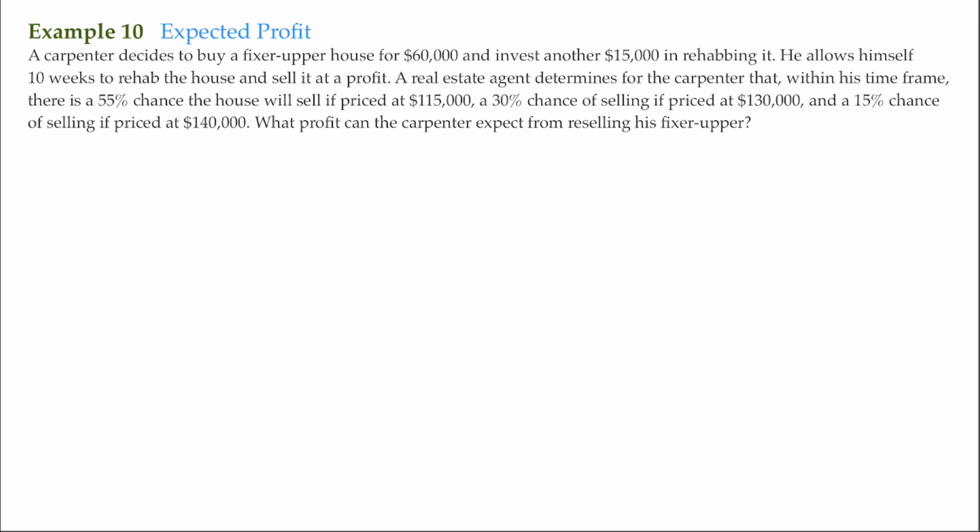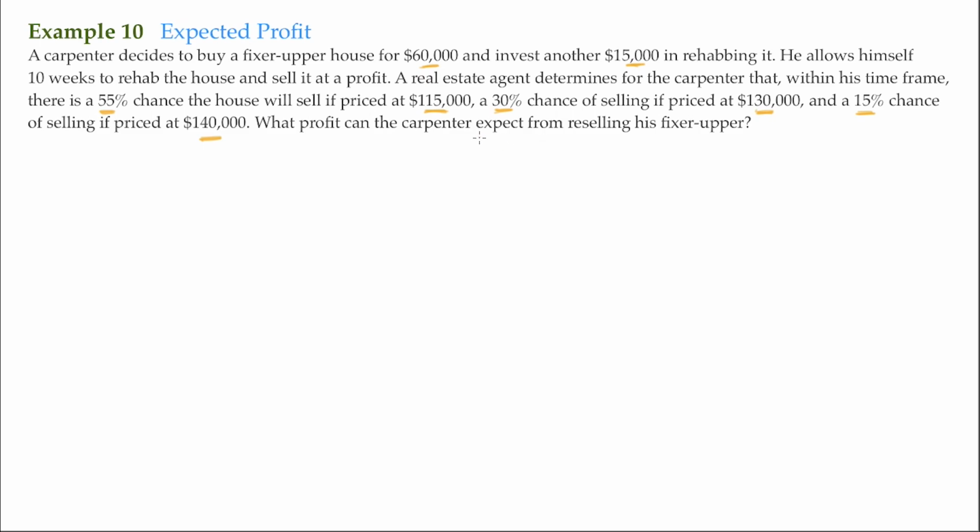Again, as we read any of these word problems, collect all the information that's pertinent here. We have $60,000 here, $15,000 here, a lot of probabilities going on. We have a 55% chance here at $115,000, 30% chance here at $130,000, and 15% here at $140,000.